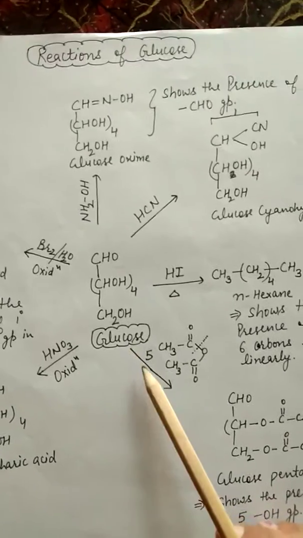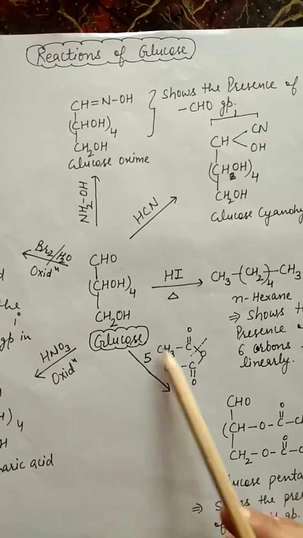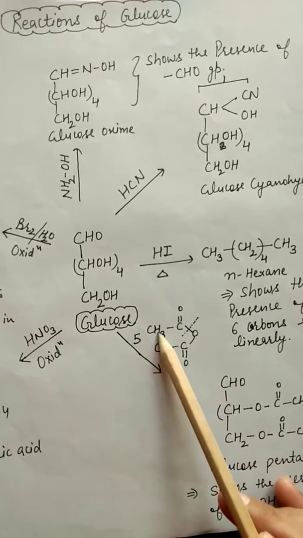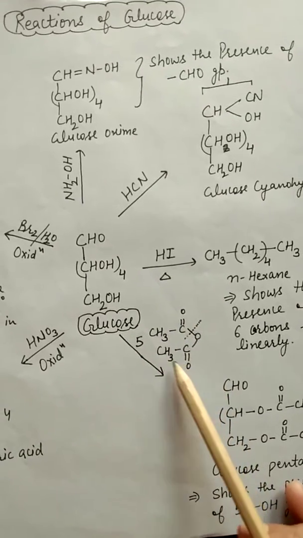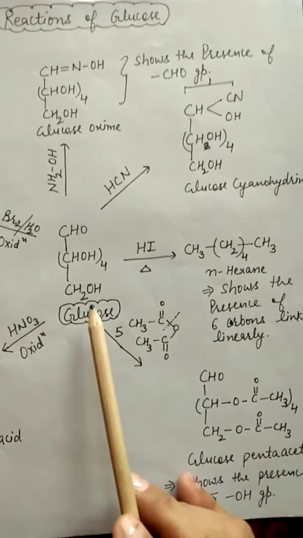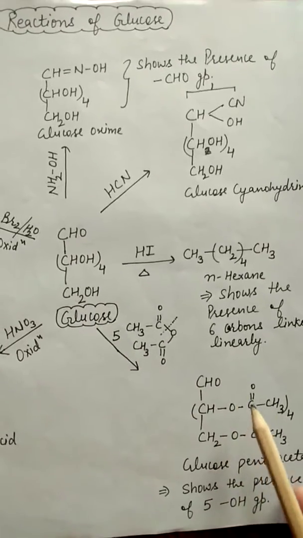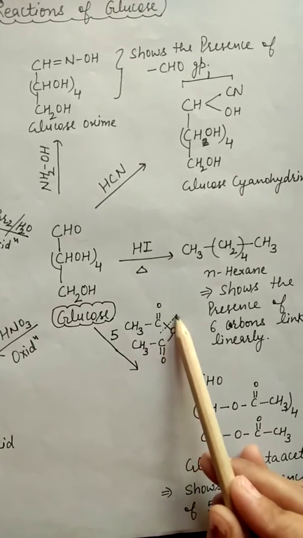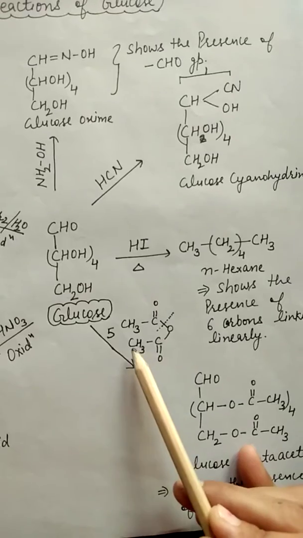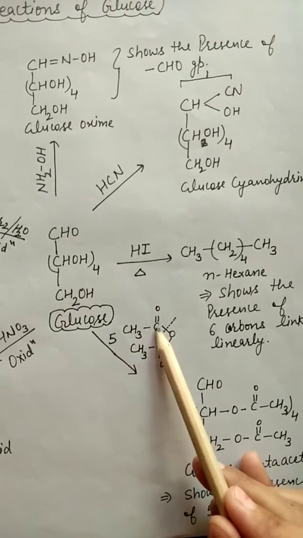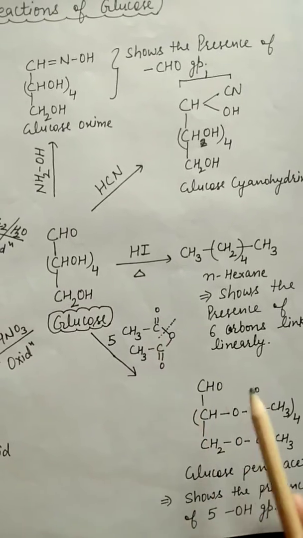Next, the last reaction is glucose reacting with acetic anhydride. Formula is CH3COOCOCH3. Here, this acetic anhydride breaks down into two parts, CH3COO negative and CH3CO positive.